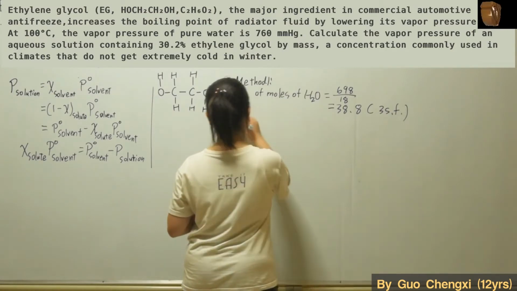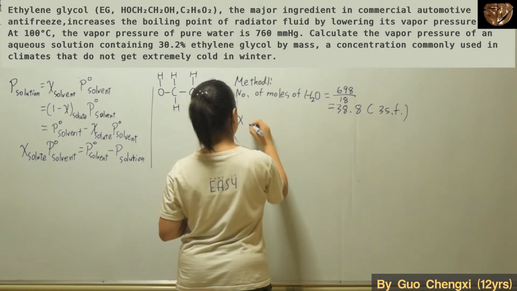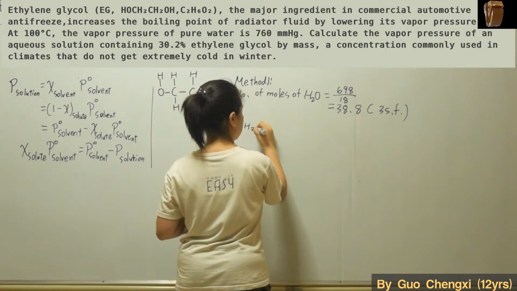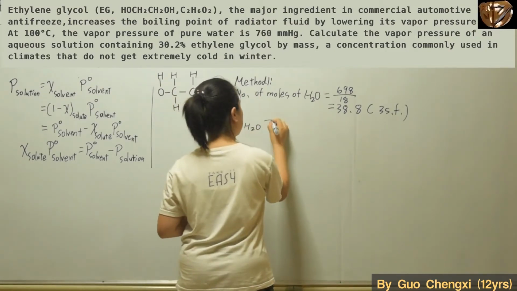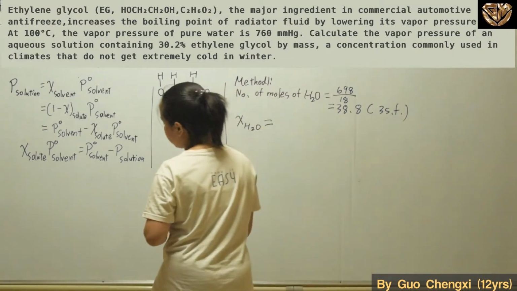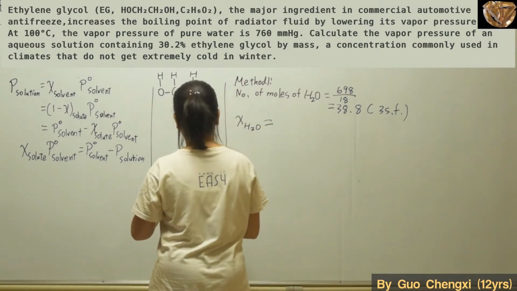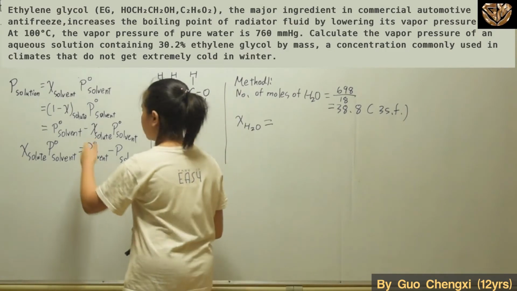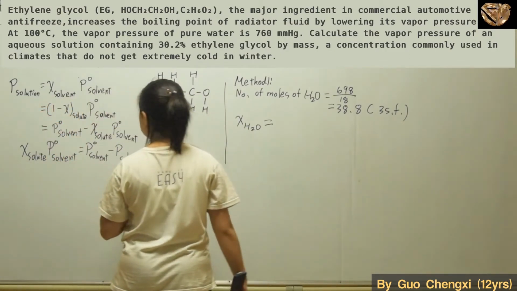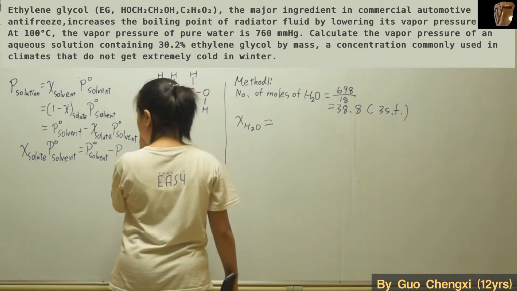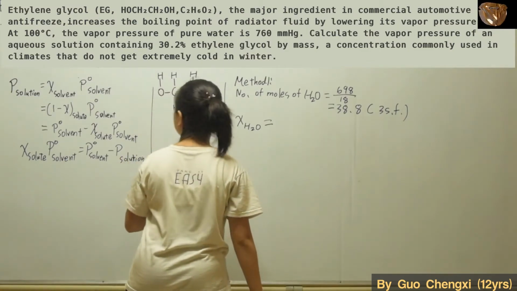So now we have chi H2O. What does chi mean? Chi is the mole fraction. That's why over here we have the 1 minus chi.